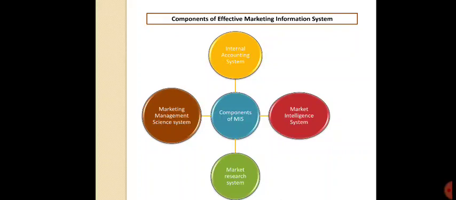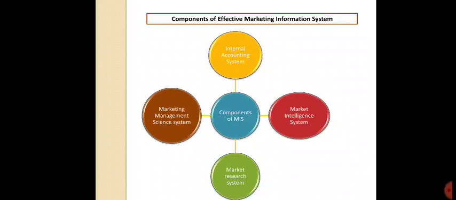As the name itself implies, it speaks about the external changes occurring in the macro environment and prepares managers to make effective strategies. And the third component is marketing research system. This undertakes studies on specific marketing problems and provides solutions to the management.